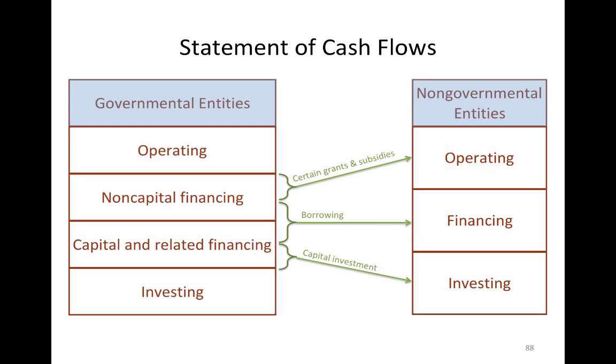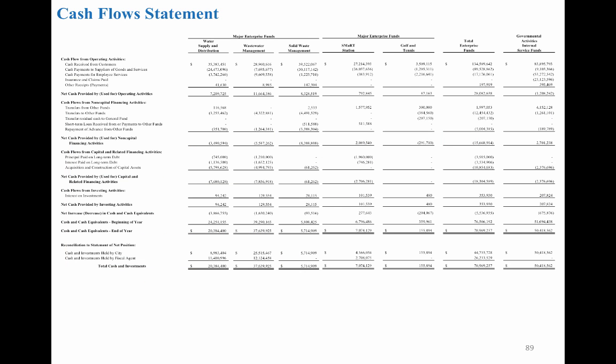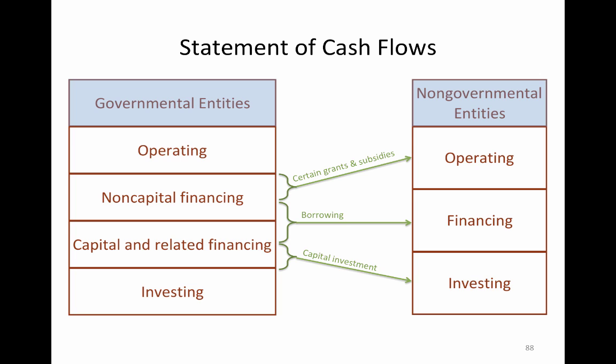Capital investment and borrowing related to capital investment is shown as capital and related financing, but the capital investment part is included in the investing category under FASB standards, and then what is left in investing for governments in cash flows is really just talking about investments, like bonds and stocks and notes and stuff like that.